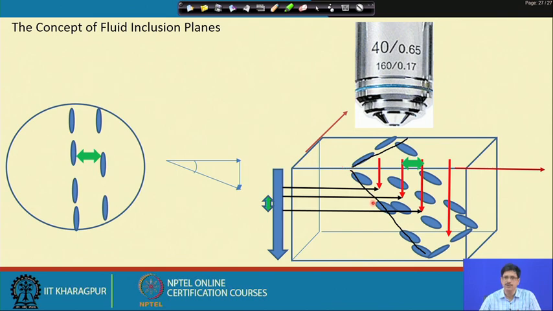And then once we know, we can always put it in reference to the surface of the fluid inclusion section, what plane it corresponds to, and what direction, and so on. So, these fluid inclusion planes are being studied by many workers, many of the experts who intend to apply fluid inclusion techniques to understand deformation in rocks.